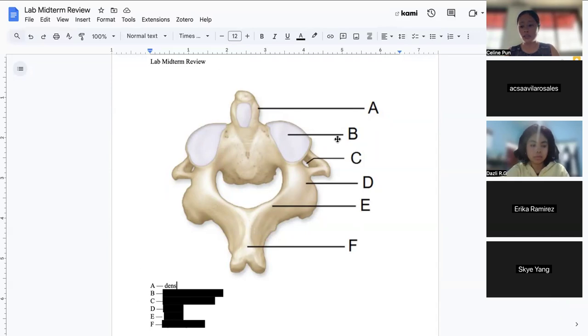Okay, so for B, since this is a specific vertebrae, what is B called? And the dens is the bone that helps you shake your head no, which is why it's super important to remember.